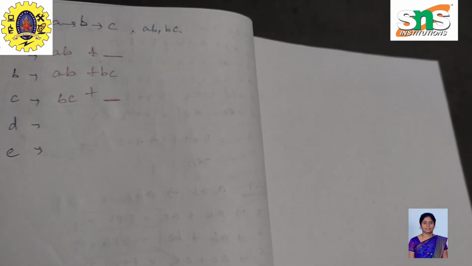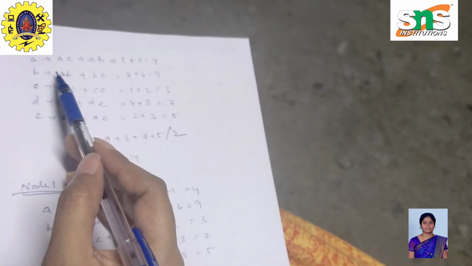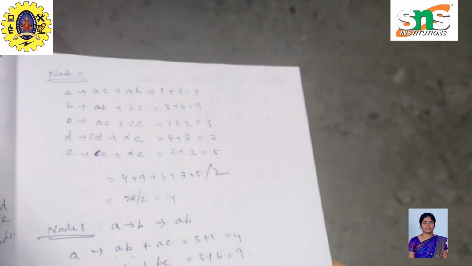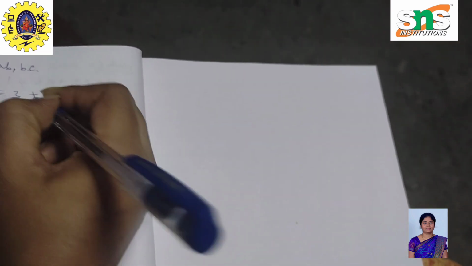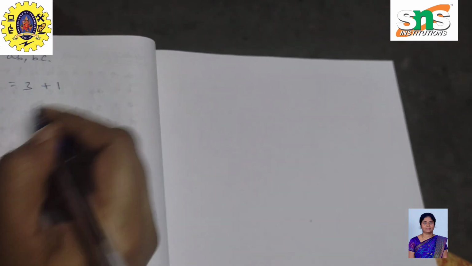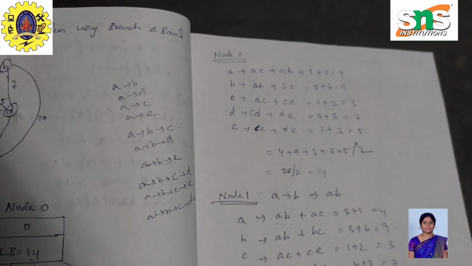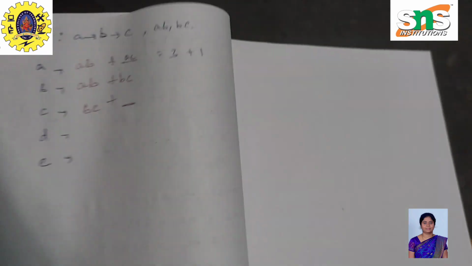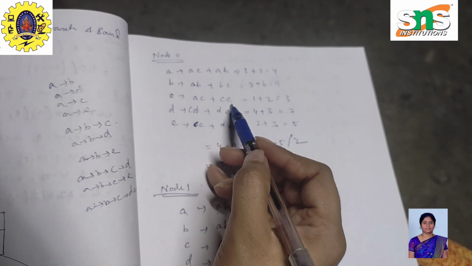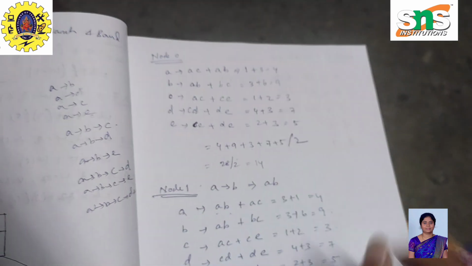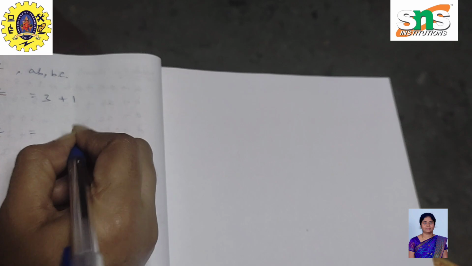So here it is AB. AB is already taken. The next value is AC. AB value is 3 and AC value is 1. And then for this, AC value is 1. And then for C, here we have BC, so we don't have the option BC here. So the next minimum value is AC, which is 1.